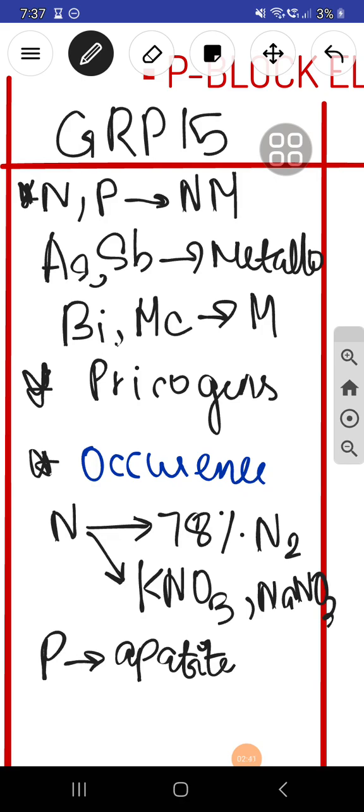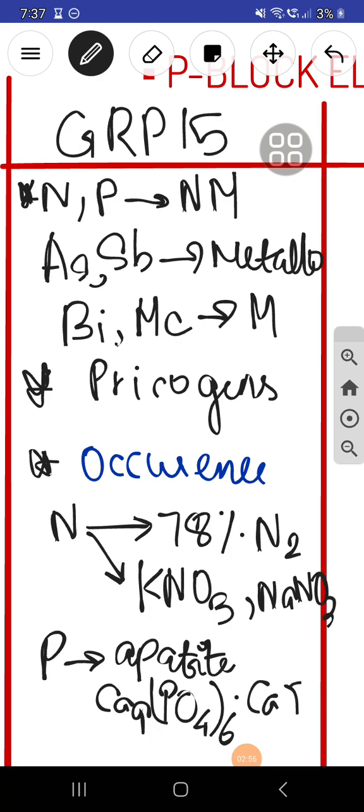The general formula of the minerals in the apatite family is Ca9(PO4)6·CaX2, where X can be OH, F or Cl. If it is fluorine, then it forms fluorapatite. Phosphorus is also present in phosphorus-containing compounds. That is also very important.